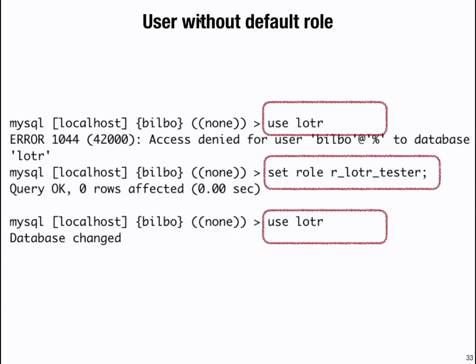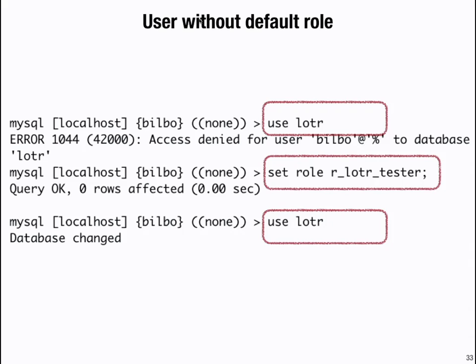So what happens when we try? We say use LOTR, that is one of the privileges that should be available for the LOTR tester. And we get access denied, like we saw in our first example. What do we do? We do set role LOTR tester, and then use the database, and the role is accepted.